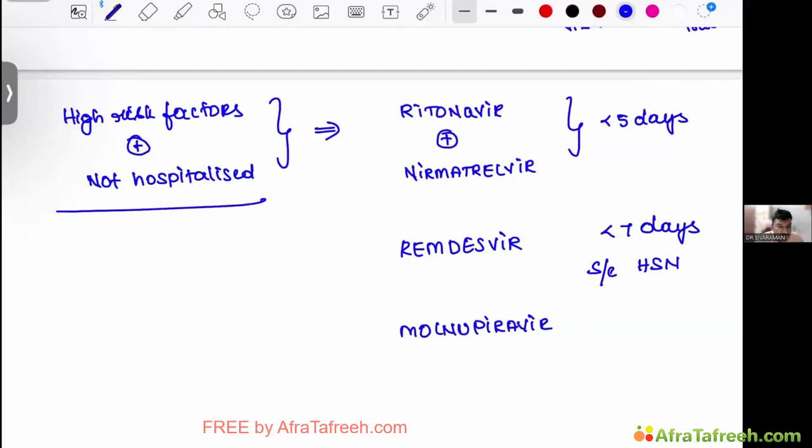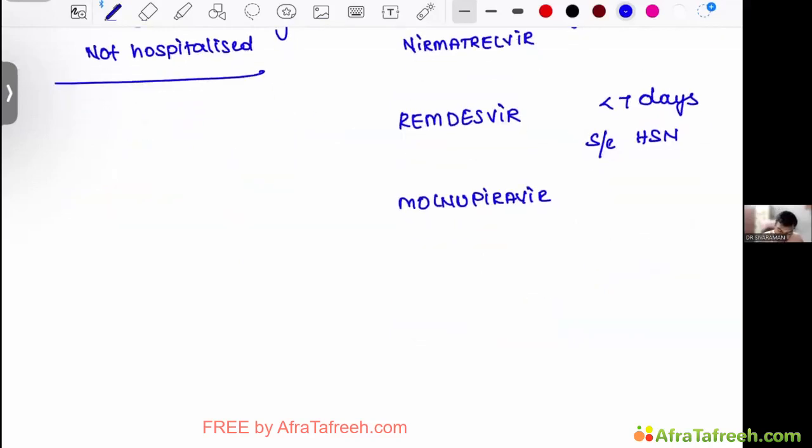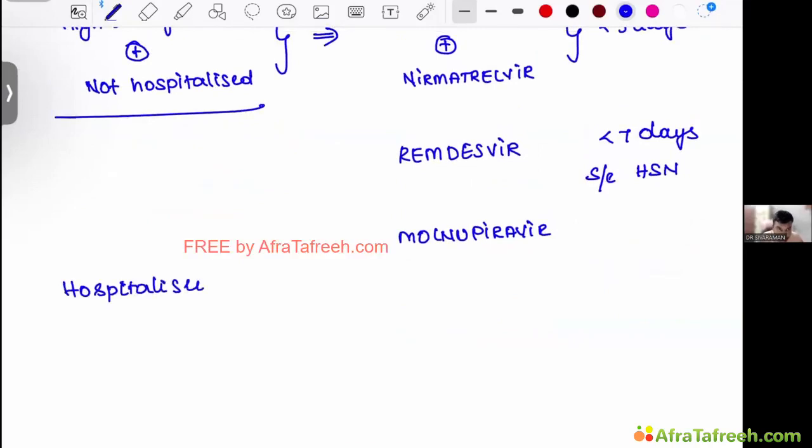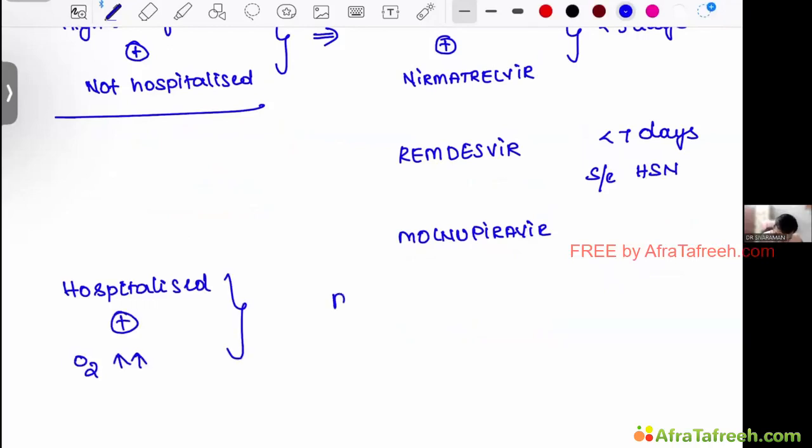Whenever a patient is hospitalized, and after hospitalization the patient's oxygen requirement increases, then you are going to combine remdesivir with steroids.